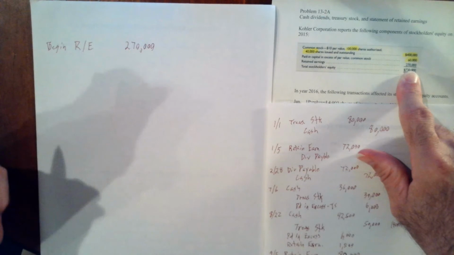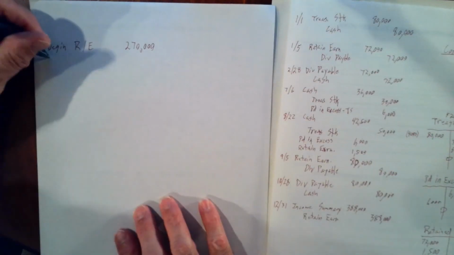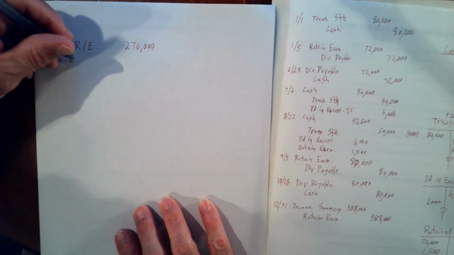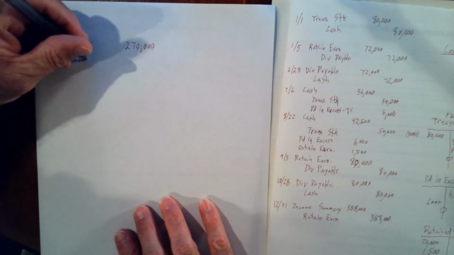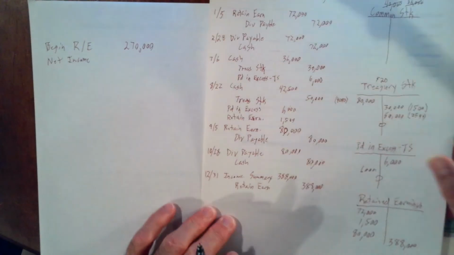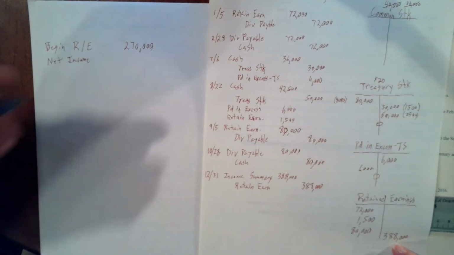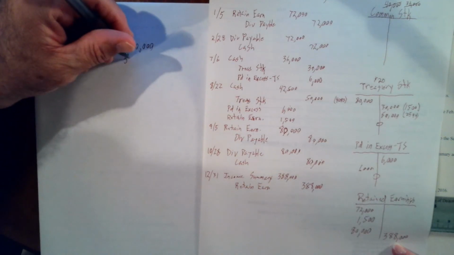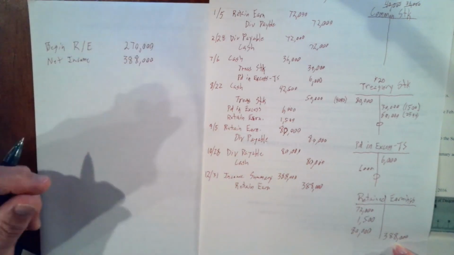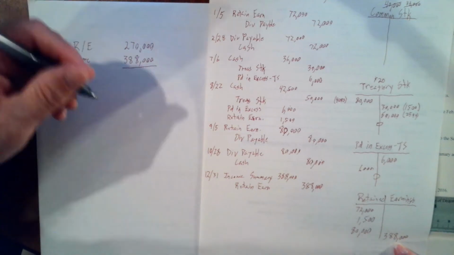Then I'm going to add net income. And what was that? That was this number right over here, $388,000. Okay, so net income. Alrighty. That totals up to be what, $658,000?